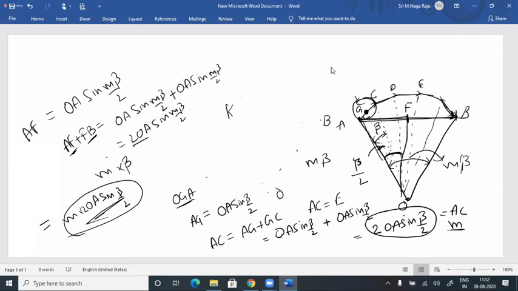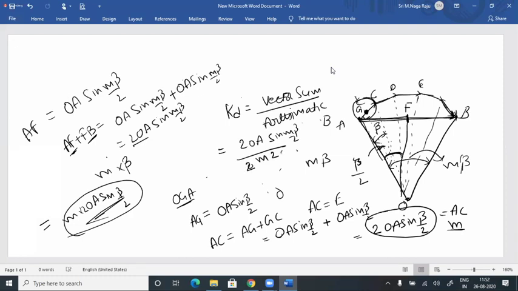So now what is the formula for KD? Vector sum by arithmetic sum. Now what is the vector sum? 2 OA sine M beta by 2, by the arithmetic sum, which is M into 2 OA sine beta by 2.